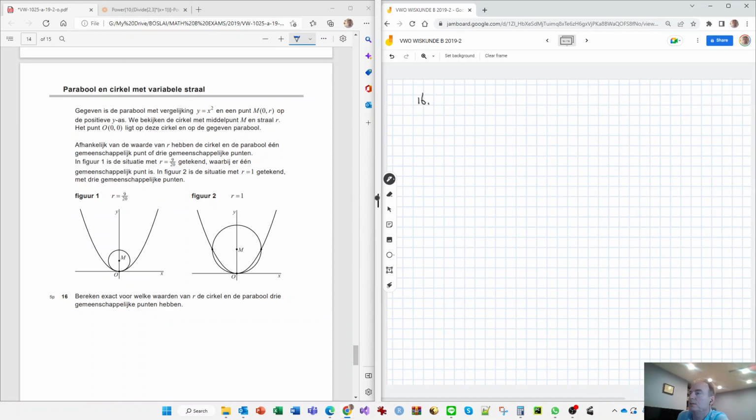Okay, well, let's write down the equation of the circle. The center point has x is 0, so you get just x squared and then plus y minus r squared equals r squared.